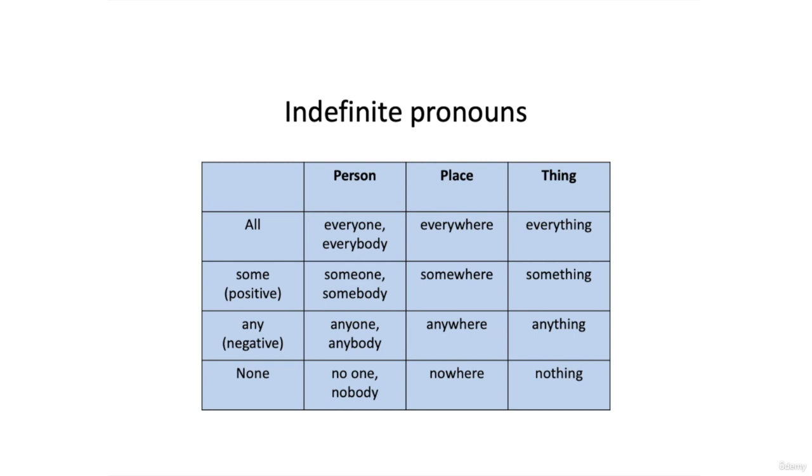To speak about a non-specific person, place, or thing in a negative sentence, we use anyone, anybody, anywhere, anything. To speak about a zero quantity of non-specific people, places, or things, we use no one, nobody, nowhere, or nothing.